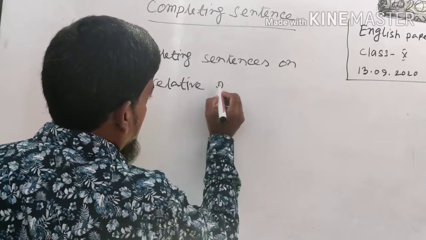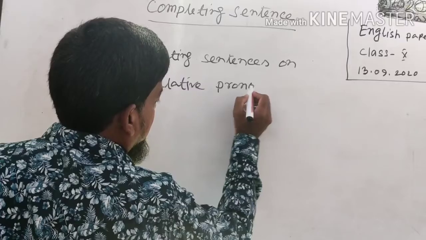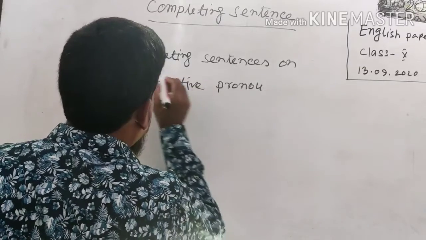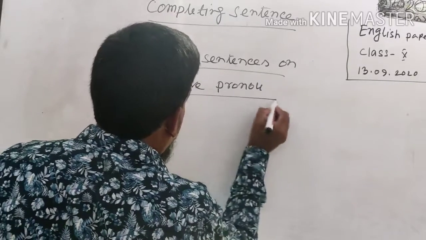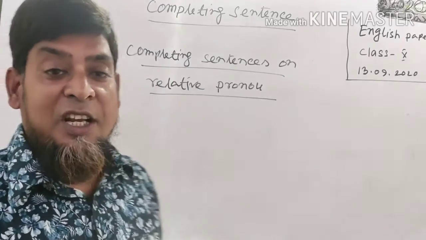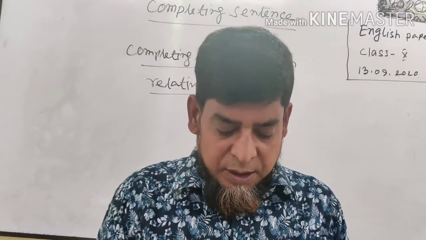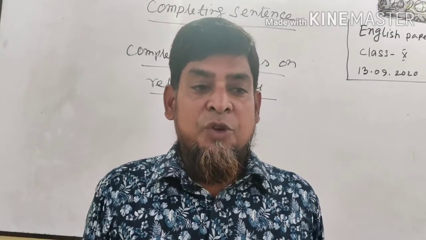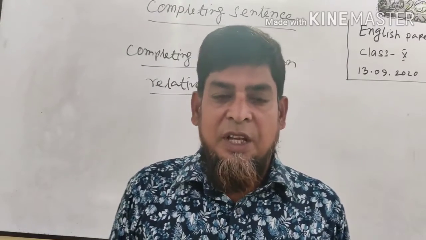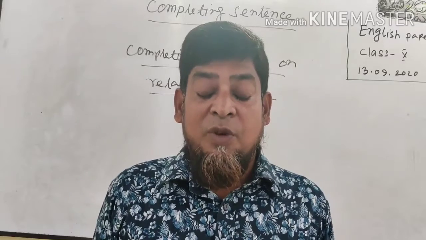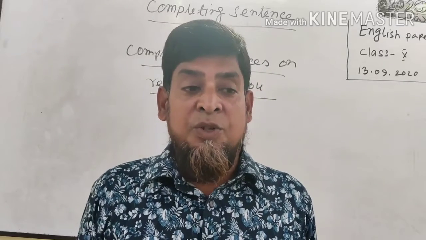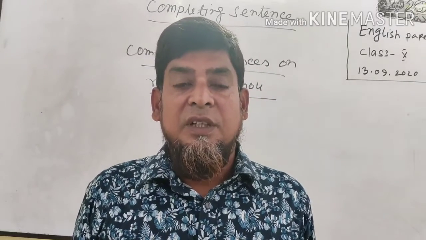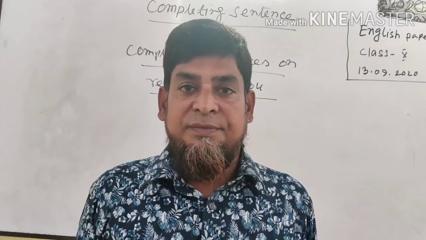Relative pronoun. Completing sentence on relative pronoun. To complete the sentence with relative pronoun, we should know what a relative pronoun is. Relative pronoun is a kind of pronoun which is used after an antecedent.